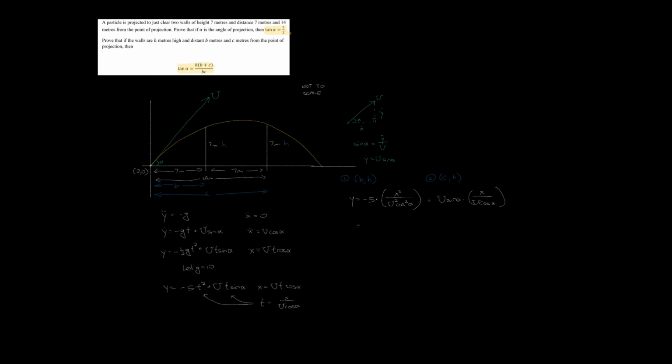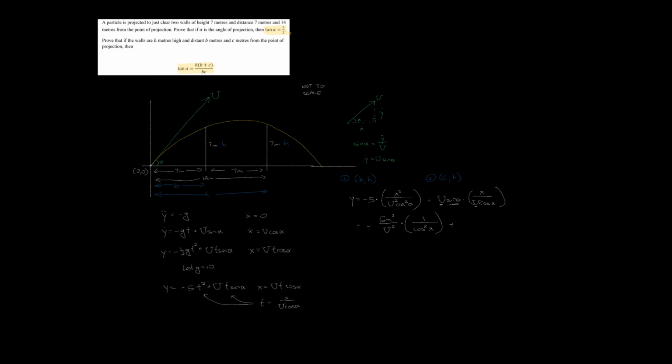So this equals negative 5x squared over u squared times, and you'll see why I'm doing this in a moment, I'm grouping this 1 over cos squared alpha by itself, plus now this u and this u can cancel out.